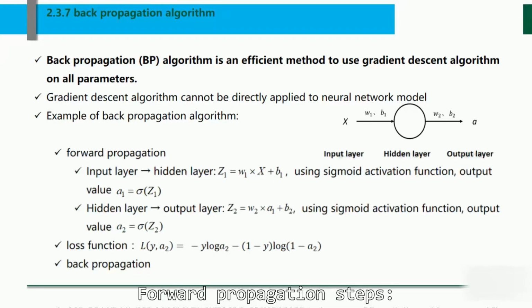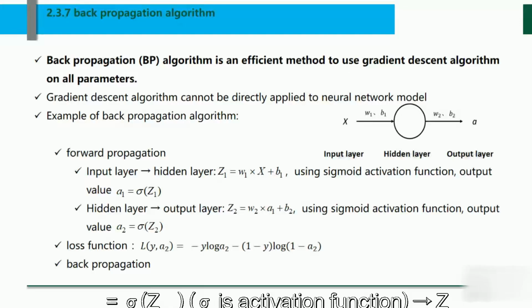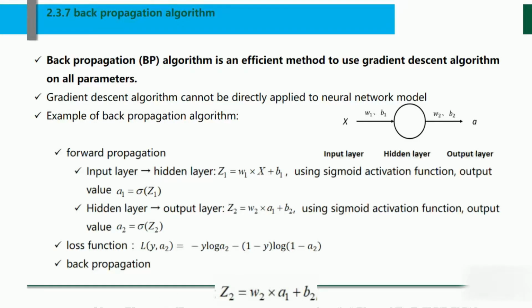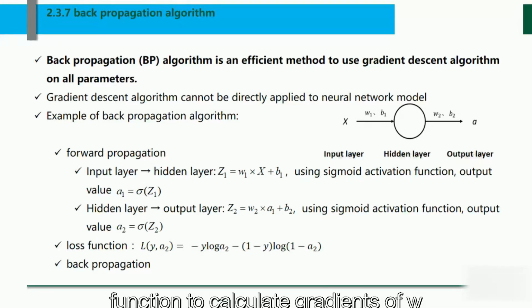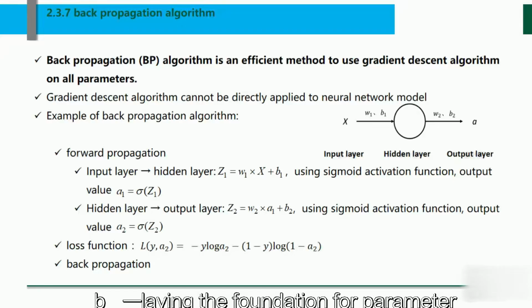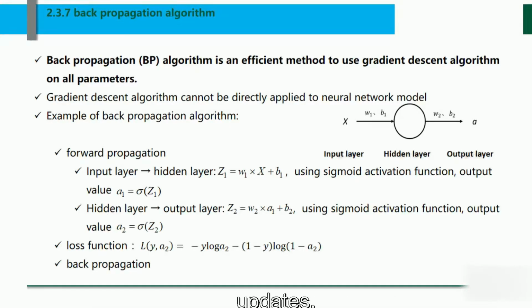Forward propagation steps: z_1 equals w_1 times x plus b_1, a_1 equals sigma of z_1, where sigma is the activation function, and z_2 equals w_2 times a_1 plus b_2 is the output. Backpropagation uses a, the output, and the loss function to calculate gradients of w and b, laying the foundation for parameter updates.